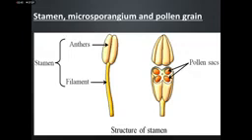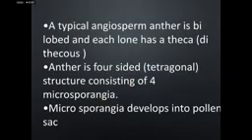Then in the next figure, the second figure, you can see the pollen sacs. There are four pollen sacs you can observe here. A typical angiosperm anther is bilobed and each lobe has two thecae, so it is dithecous.